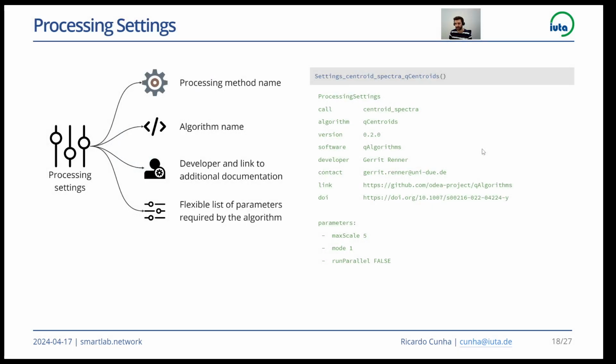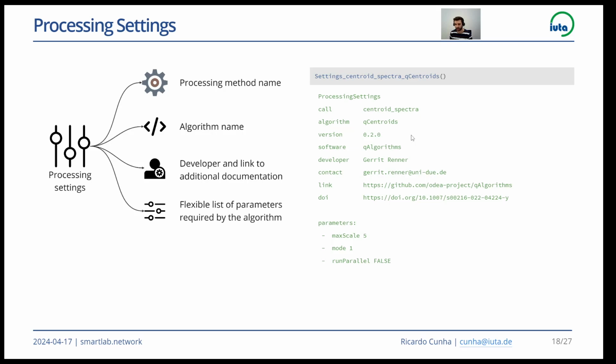Meaning that these processing settings, initially we spent quite some time developing them, like what is the structure that we need to really allow the consistency of integrating a new algorithm, but also the consistency of applying different processing steps the same way. So ultimately it's a class where we always add, of course, the processing method name, and the algorithm that is being used, because we have different algorithms for a given method.